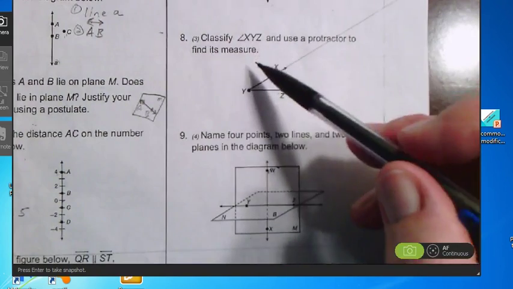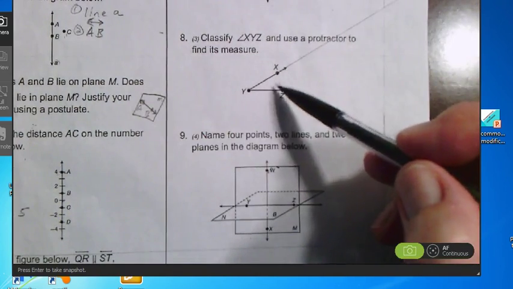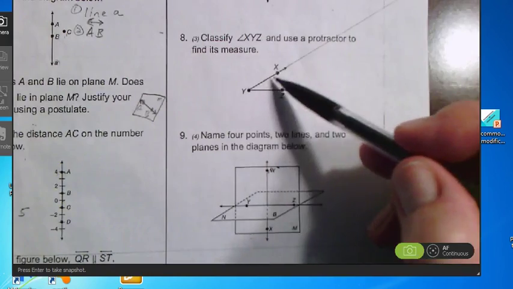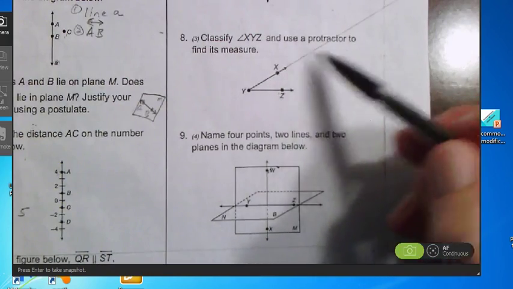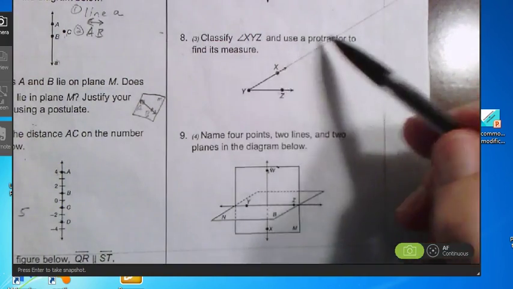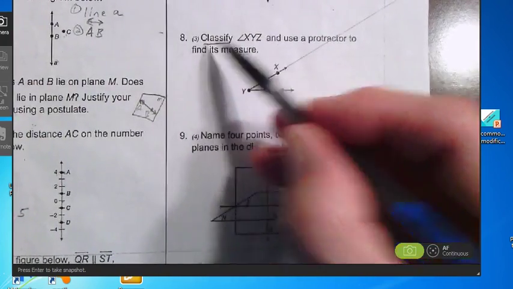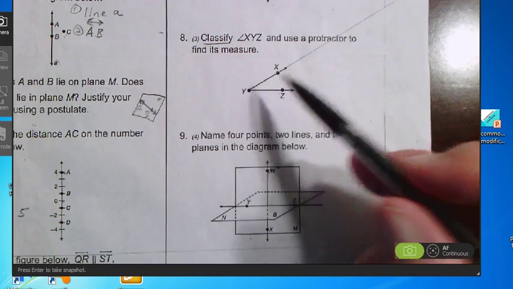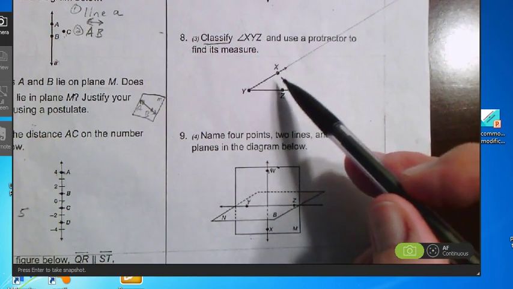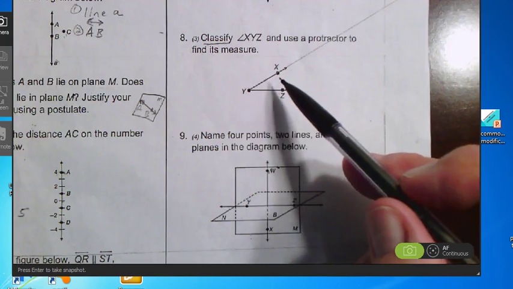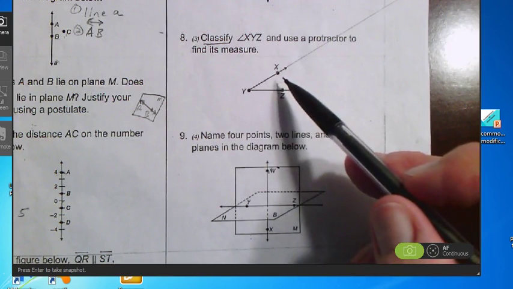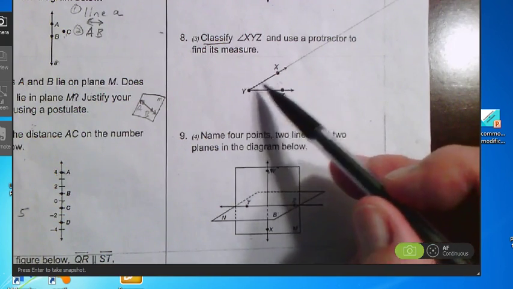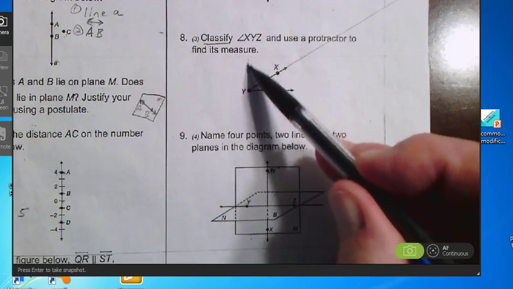Number 8, classify angle XYZ, and use a protractor to find its measure. All right, classification means that you're going to look at it. Is it acute? Is it obtuse? Or is it straight? And of course, it's less than 90 degrees. 90 degrees would be somewhere in here.